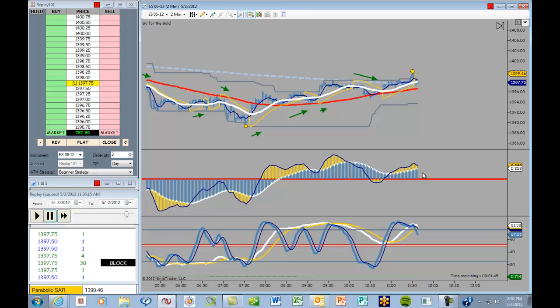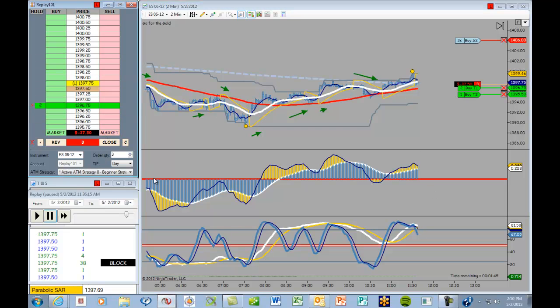We've got almost a crossover on the MACD, almost a crossover on the long-term stochastic. The short-term's already doing it. We just flipped the parabolic. So let's get short.